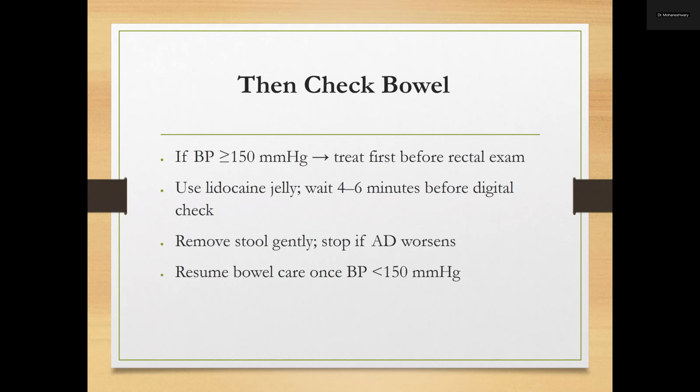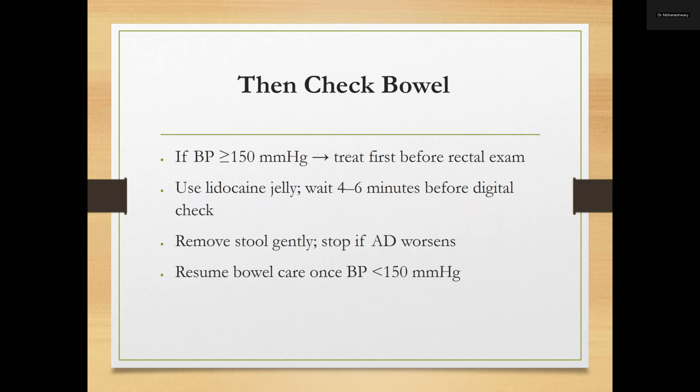Before you do a per rectal examination, use lidocaine or lignocaine gel. Apply it copiously; you can be very generous. Apply it over the rectum, then wait 3 to 5 minutes before your digital rectal check. If there is an impacted bowel, you need to remove it gently.